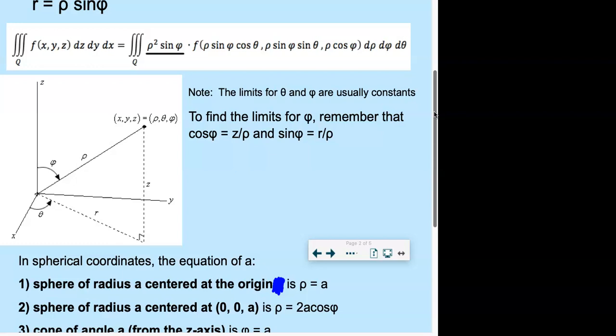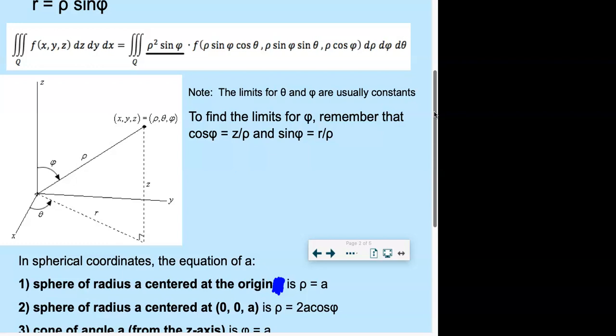Theta has always been and always will be the angle formed with the positive x-axis, so theta always goes around this way. If in your xy plane you had a circle, your theta would go 0 to 2 pi. Theta hasn't changed.